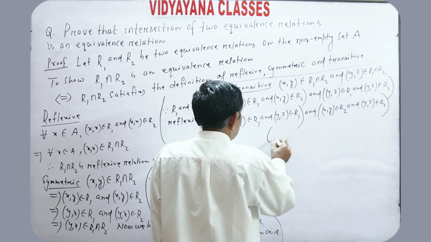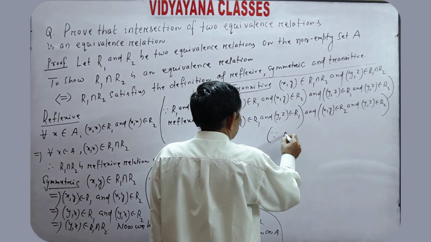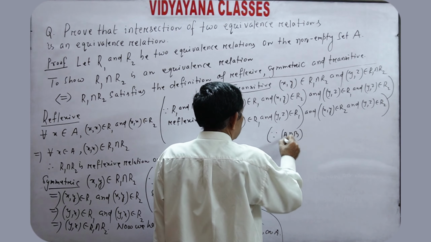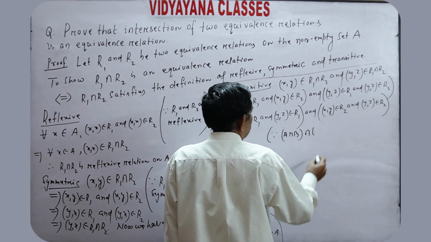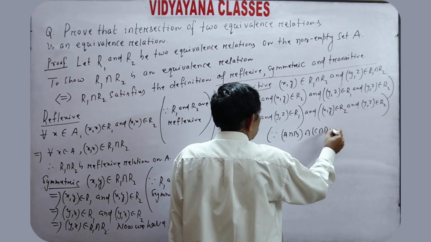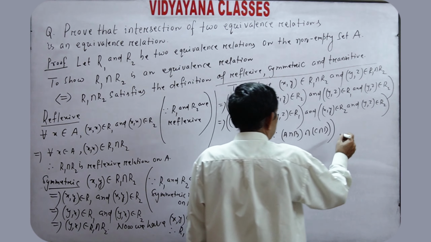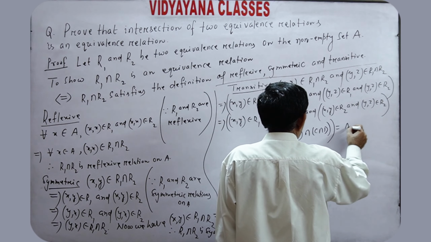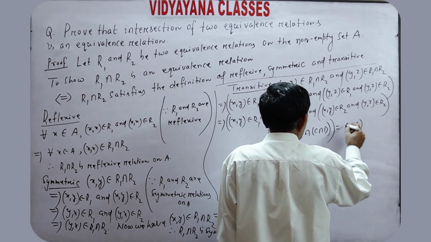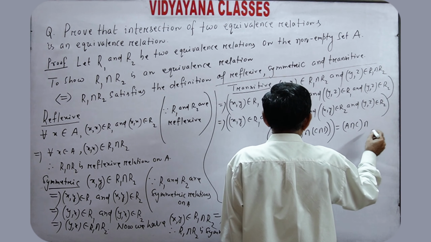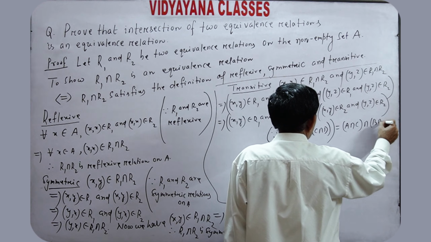Since A intersection B intersection C intersection D is the same as A intersection C intersection B intersection D.